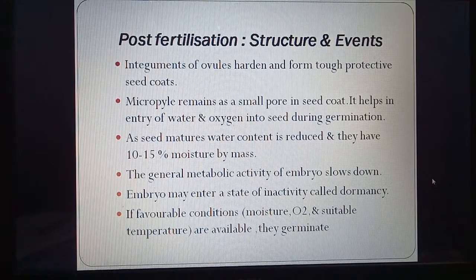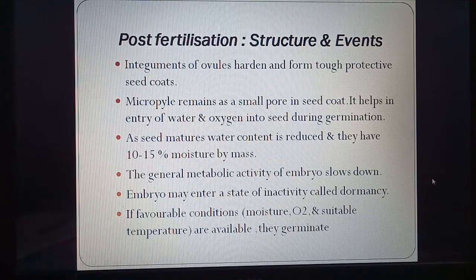The integuments or the coverings of the ovule become hard and form tough protective seed coats. Now the micropyle is a small pore in the seed coat. It helps in the entry of water and oxygen into the seed during germination.